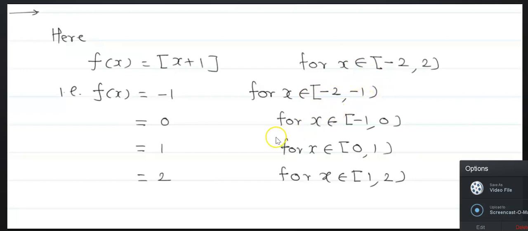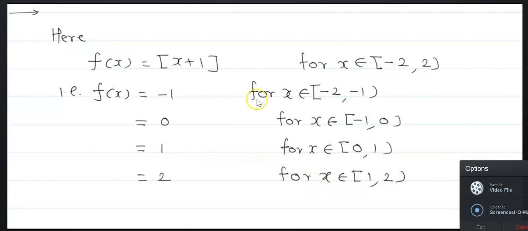That is here, first is minus 1. Now next, x belongs to minus 1 and 0. If we substitute x equals minus 2, then you will get minus 1. If we substitute x equals minus 1, x plus 1 will become 0. If x equals 0, then you will get 0 plus 1, it is 1 here. x belongs to closed interval 1, 2.